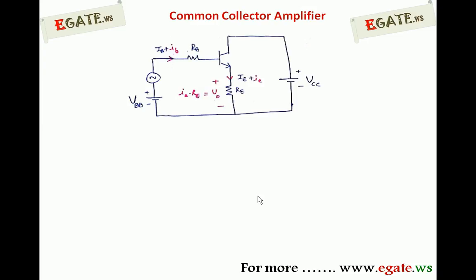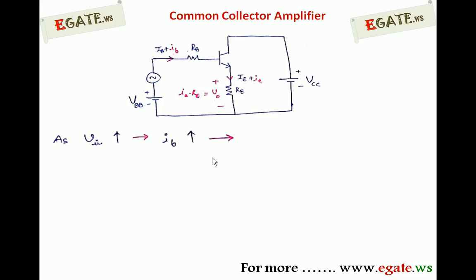Same diagram again. V naught is nothing but the voltage drop across RE, that is small ie into RE. We are only considering the AC voltage. As the AC signal increases, that is as V input increases, small ib increases.